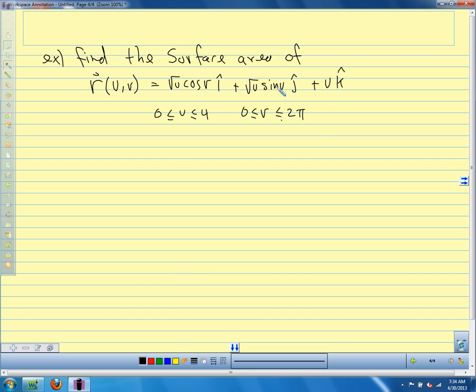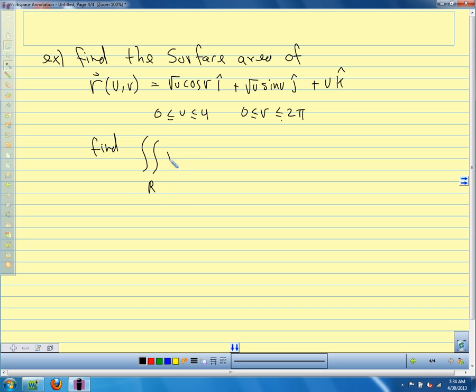No, because this gives us a disk in the xy plane, and the radius goes from 0 to 2, and then z goes from 0 to 4. I think this is just a cylinder. All right, but we're going to do it the fun way, not the geometry way.